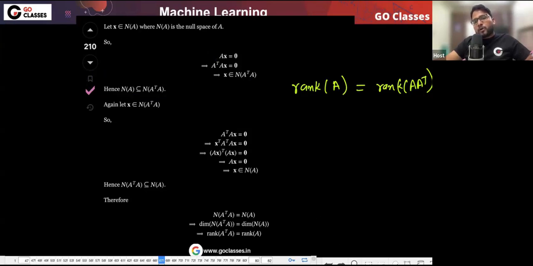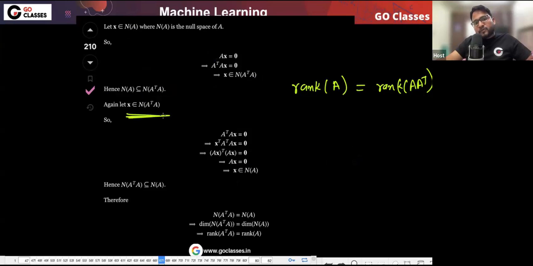But you can also prove it otherwise: we proved it for AB, but you can have A transpose A. If instead of AB I have A transpose A, then the nullity is the same. If x is in the null space of A, then it is in the null space of A transpose A, by multiplying A transpose on both sides.